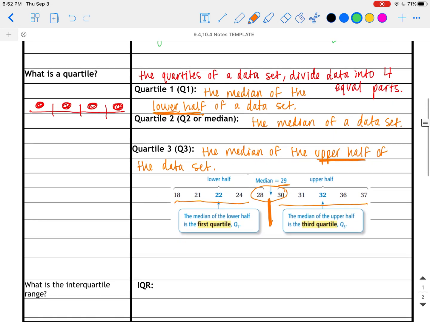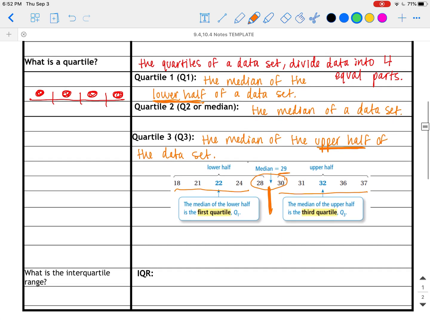All right, so we're going to do our own example in just a second. But before we do, we're going to talk about one more component, which is called interquartile range. An interquartile range, similar to range, is the difference between quartile 3, which is our highest quartile, and quartile 1, our lowest quartile.